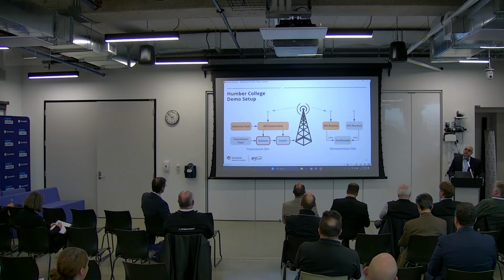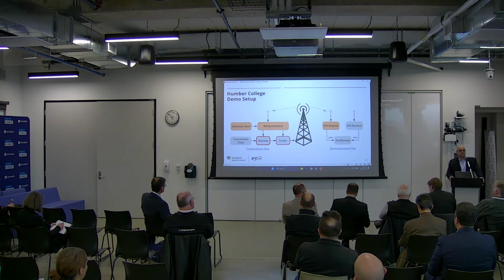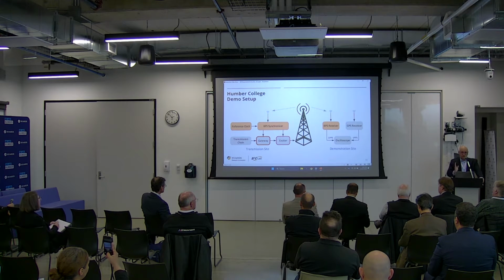And today we'll show you a demo, and Marco will show you screens, and I'll just explain what the demo is. You see on the left side is the same picture I was explaining. There's a tower, and the signal is coming out of the tower. We have the synchronizer. The synchronizer is our sensor. It extracts the timestamps.